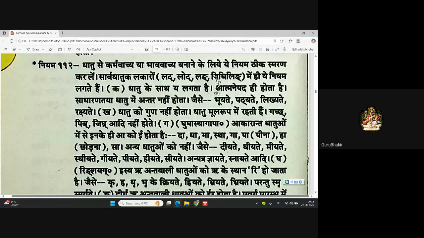Karta is in Prathama, Karma Dvitiya, and Kriya will follow the Karta. In Karmavachya?